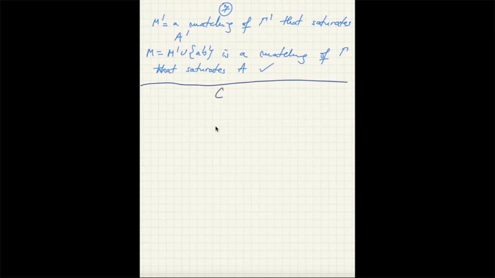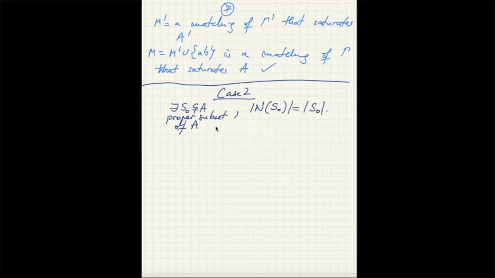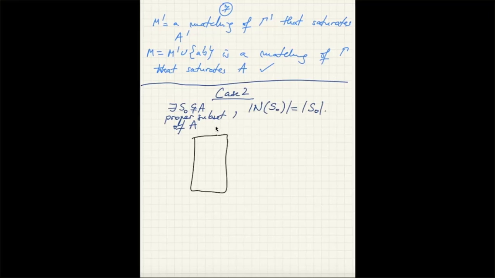Now, case 2 is the following. There exists a subset S0 of A, a proper subset of A, such that the cardinality of the neighborhood of S0 equals the cardinality of S0. So in this situation, we have the following. Again, A is the smaller side.